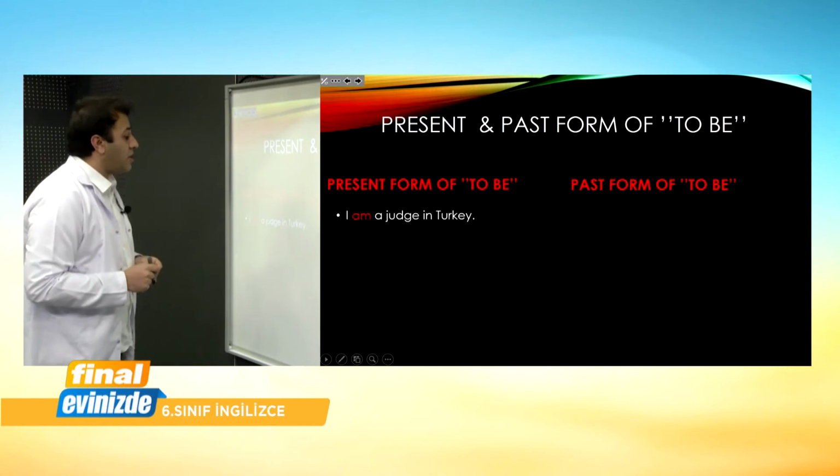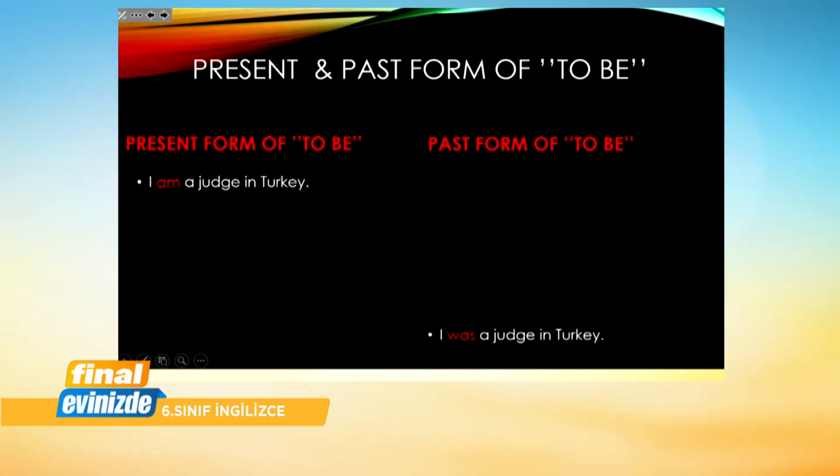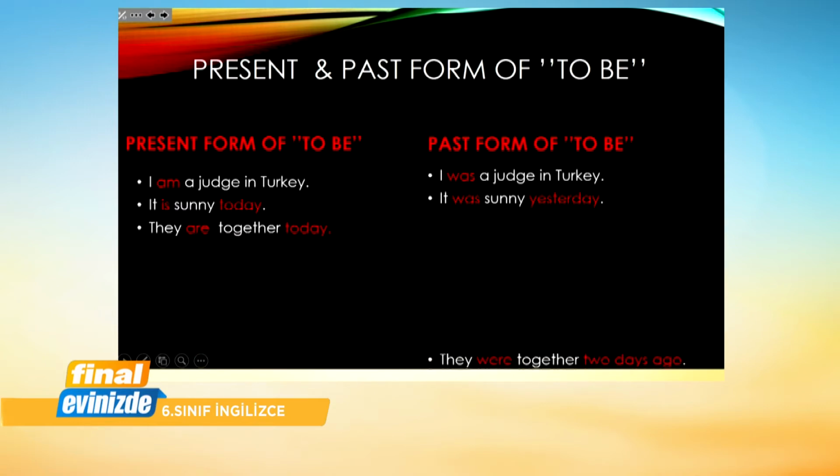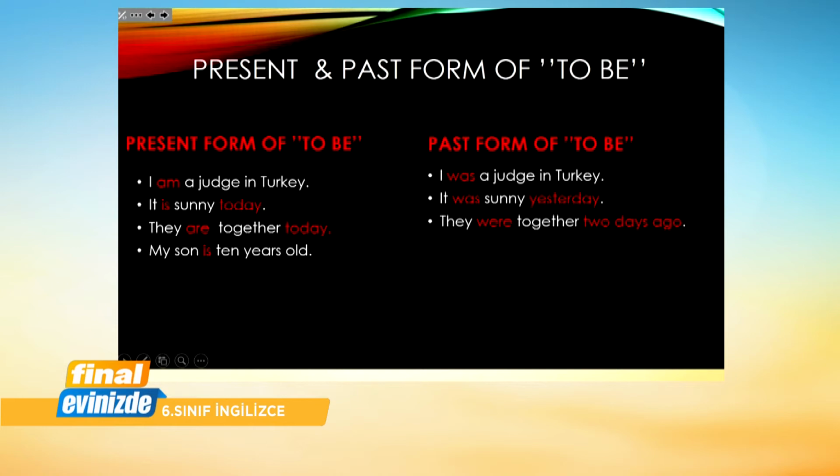I am a judge in Turkey. I was a judge in Turkey. It's sunny today. It was sunny yesterday. They are together today. They were together 2 days ago. My son is 10 years old.